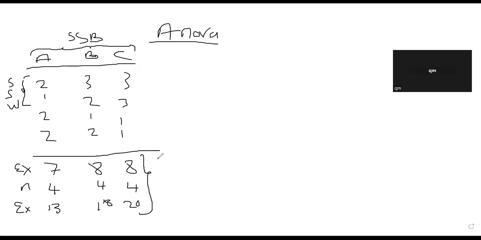So you total up. This is where we have the sum of squares total. This is summation of x. What do we get? 23. Then n, 12.